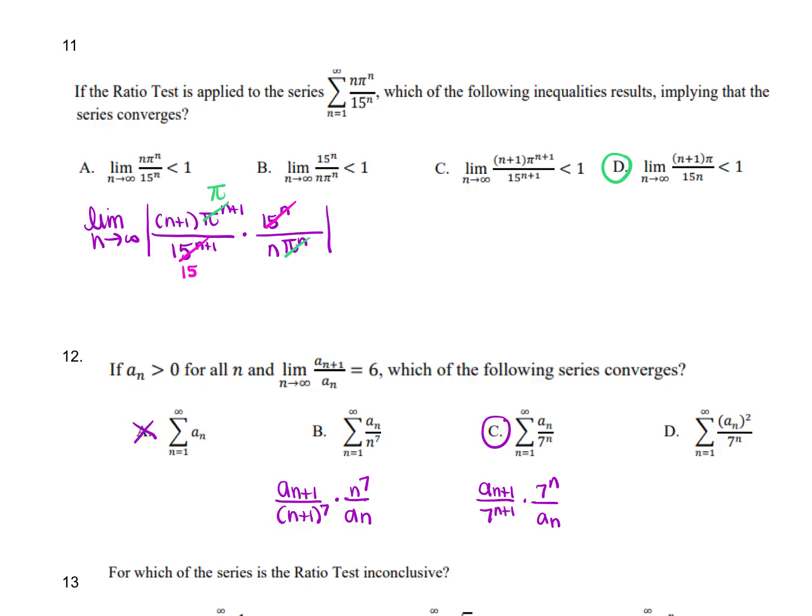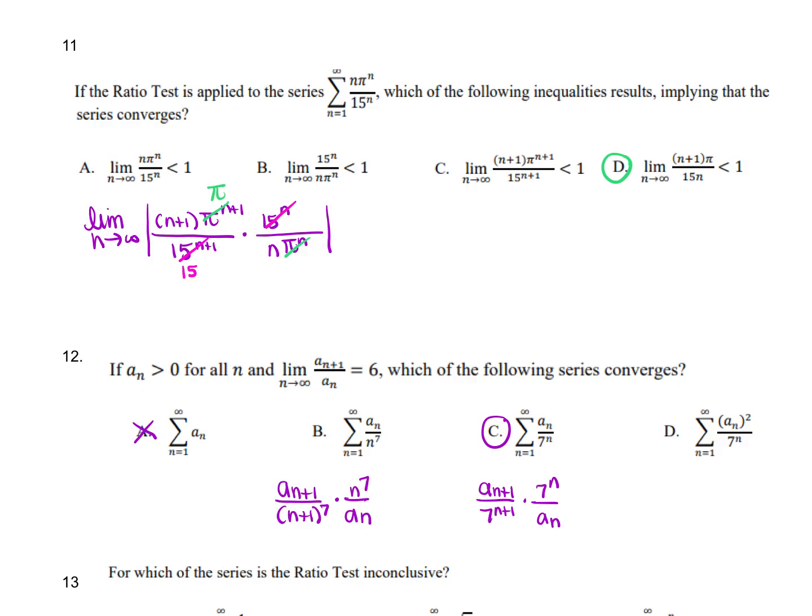Again, just more ratio test. They're having you get to the limit and write more of it out. We know that this is true and that's equal to 6, so which of the following are true? Well, if these two are equal to 6, that means that a_n plus 1 over a_n.